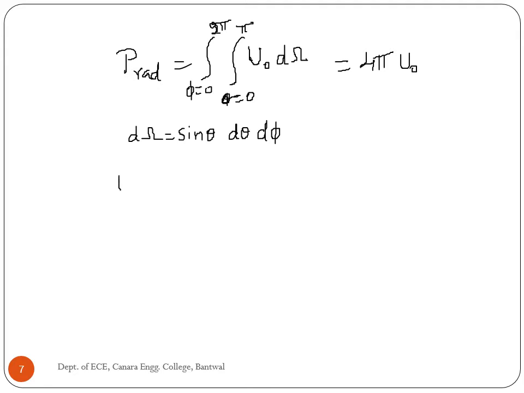Therefore, radiation intensity of isotropic source is radiated power divided by 4 pi.